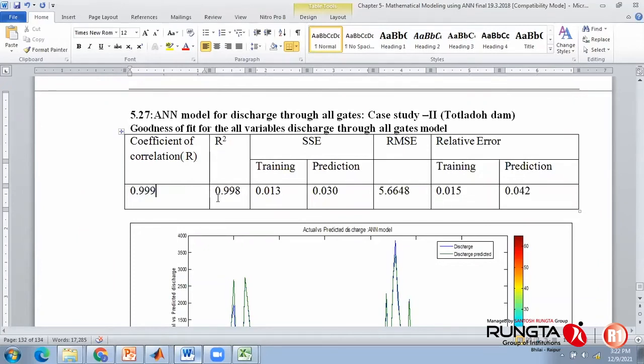R square is the coefficient of determination, along with sum of square error and root mean square error, as well as relative error. There are different contexts associated with sum of square error as well as relative error. Relative error is again an indication of overtraining of a neural network, training and prediction. If there is a huge difference between training and prediction relative error, that means the neural network is overtrained.